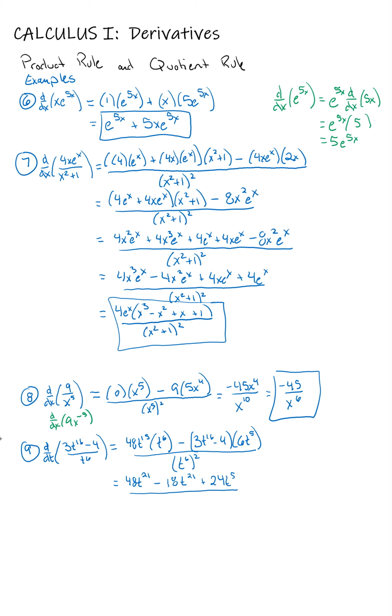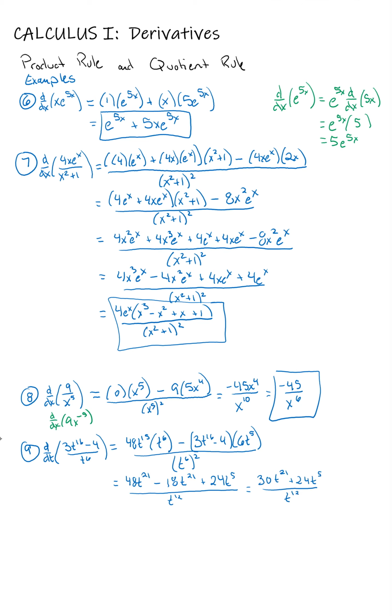This is over t to the 6th raised to the 2nd power is t to the 12th. So now we have, oh, I can combine some things. That t to the 21st for those first two terms, that gives us 30t to the 21st plus 24t to the 5th over t to the 12th.